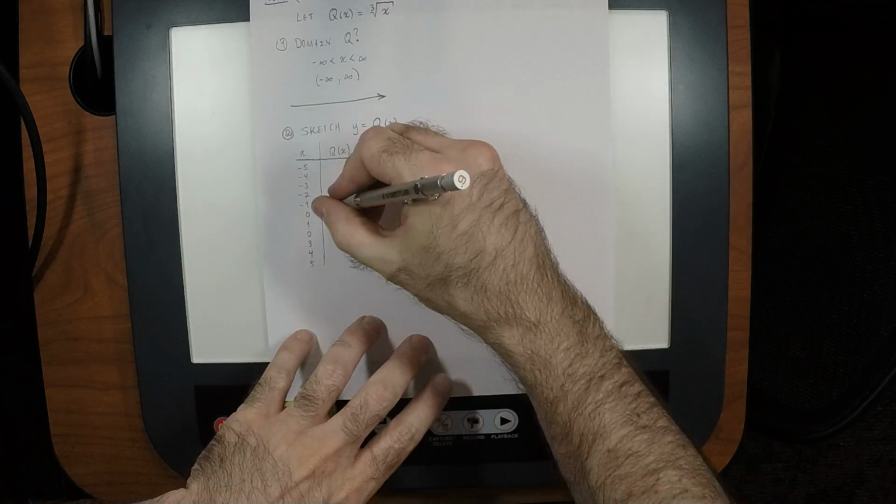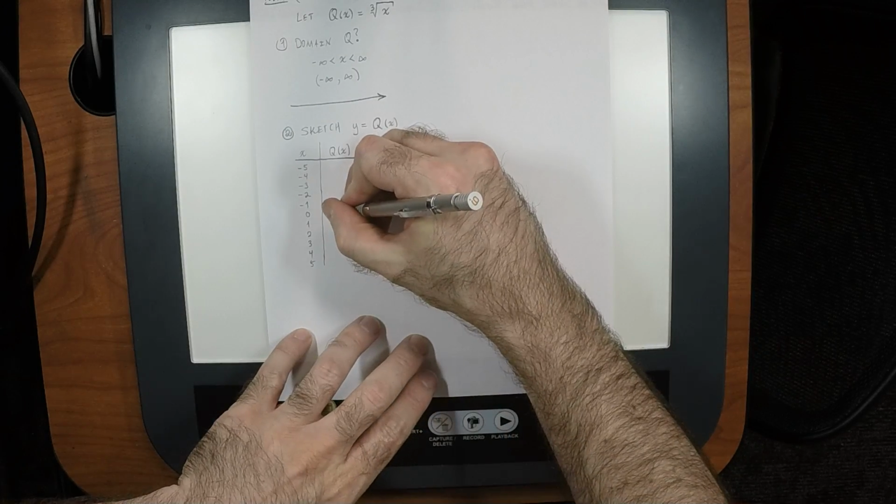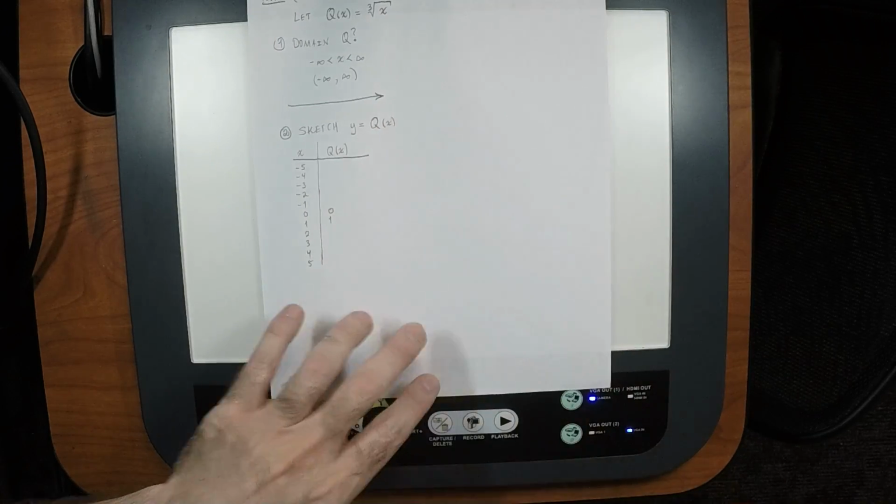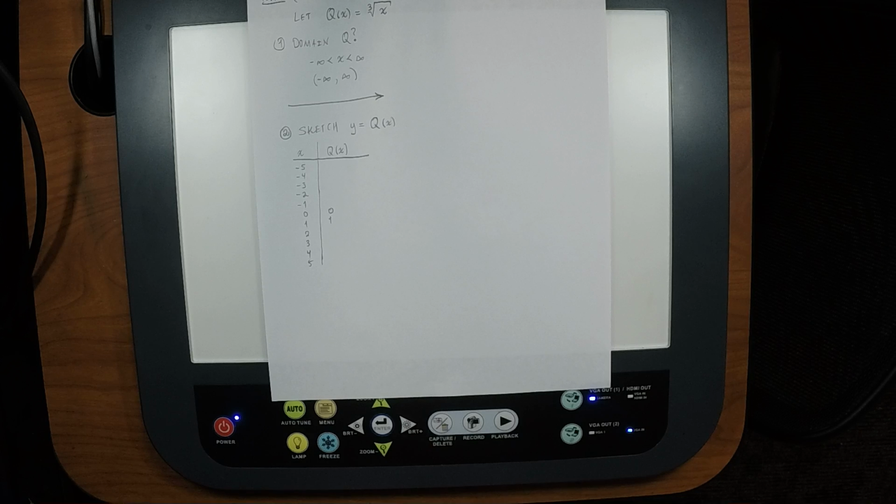So the cube root of 0 is 0. The cube root of 1 is 1. And now I've run out of knowledge there, so I need to use the calculator. How do I get the calculator to compute the cube root of 2?